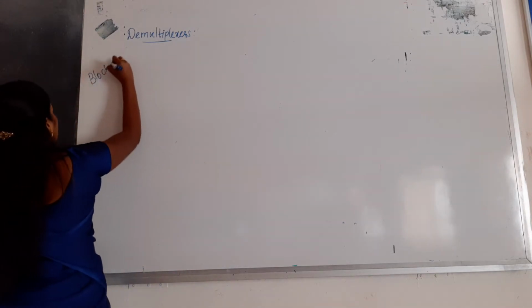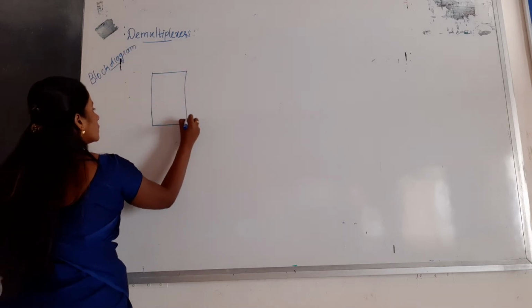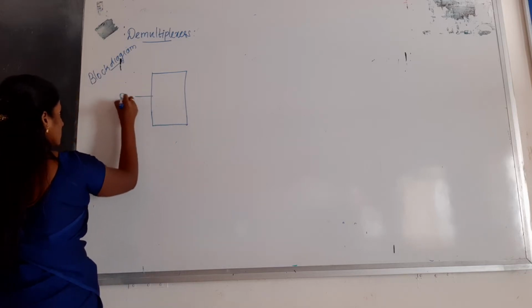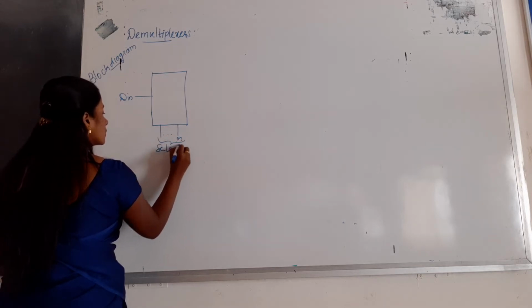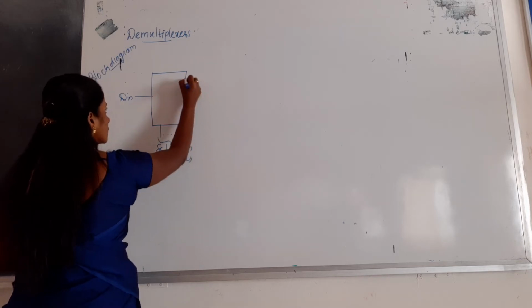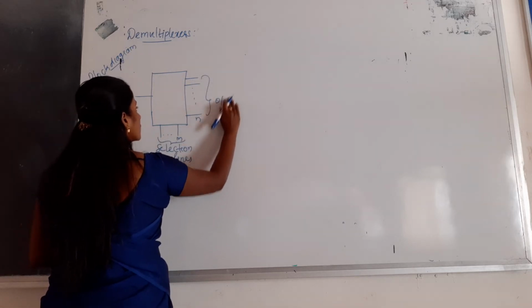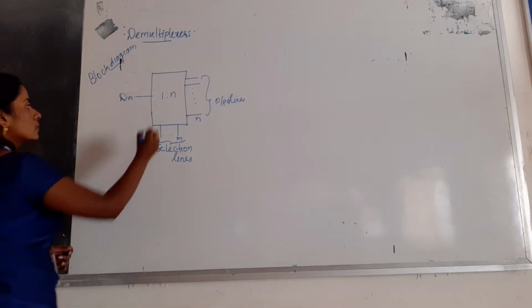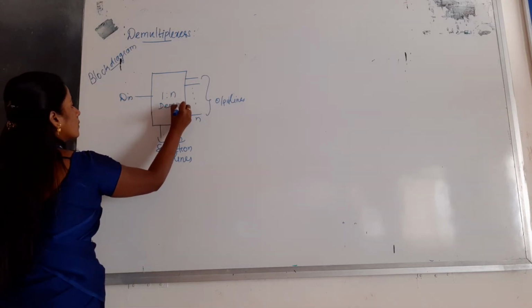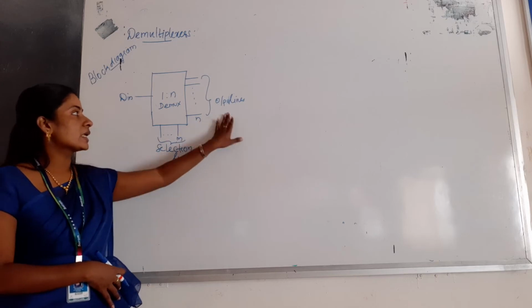Okay, so the block diagram: one data line, m selection lines, n output lines.